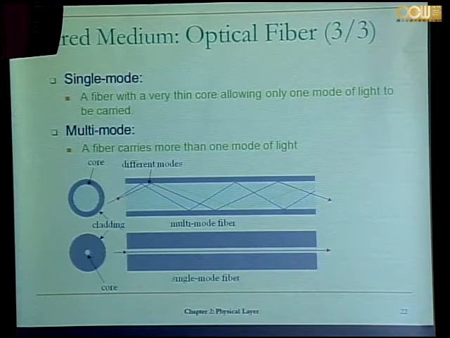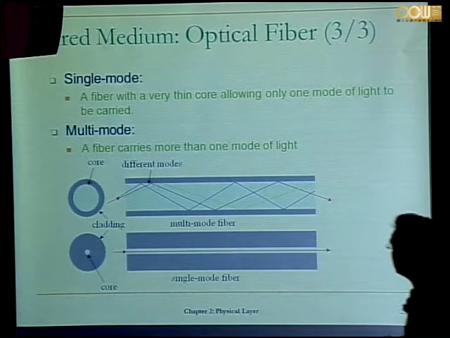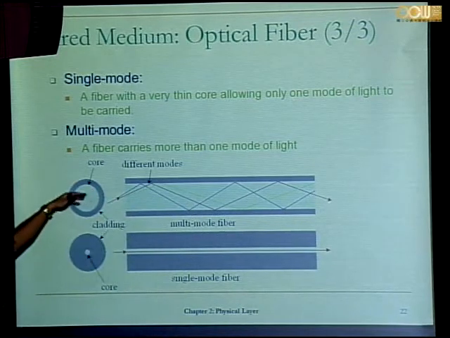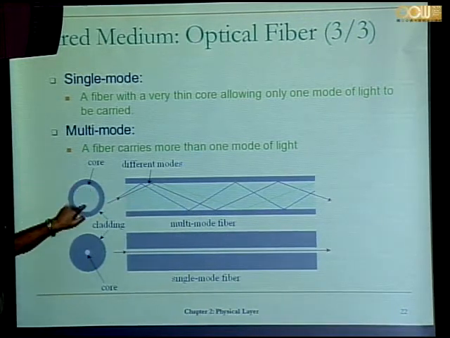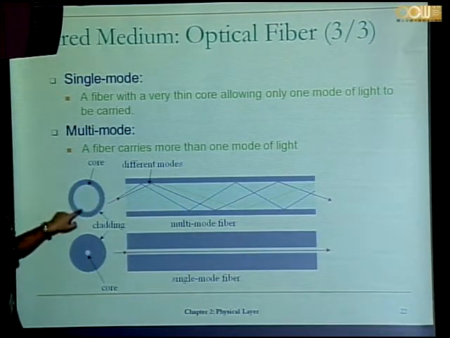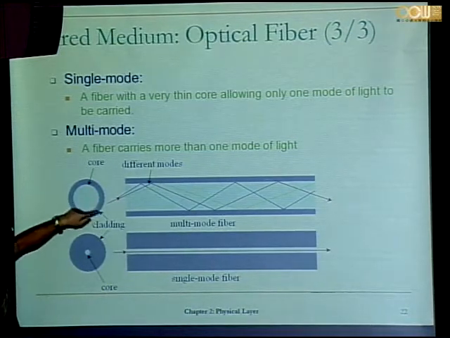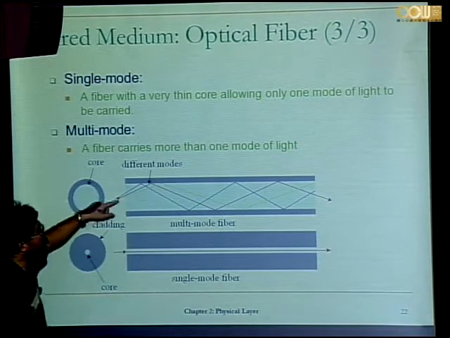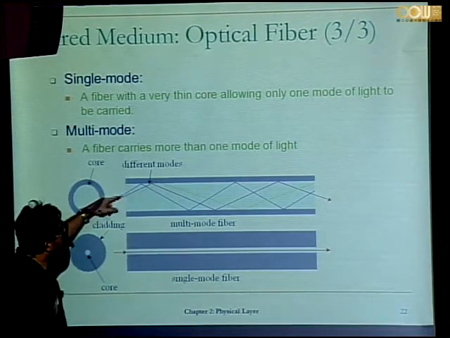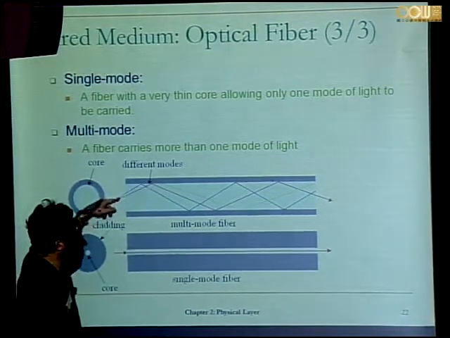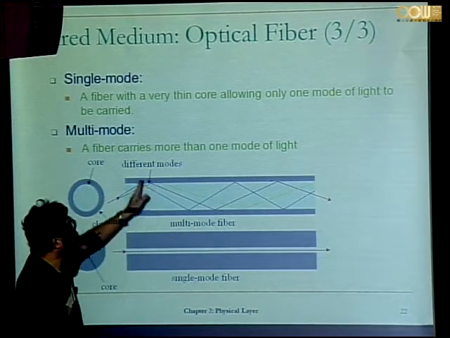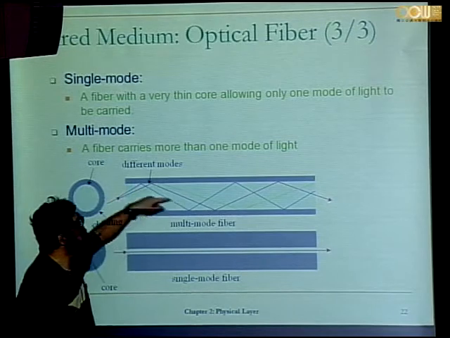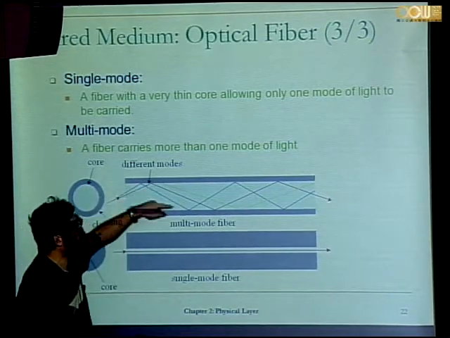How does the refraction work here? You have two kinds. For example, in this kind, you have a thick core and then a thinner cladding. If the angle is large enough, then the light will be reflected back.